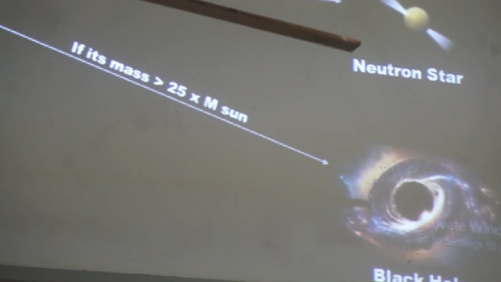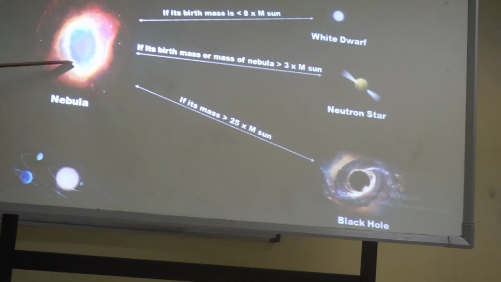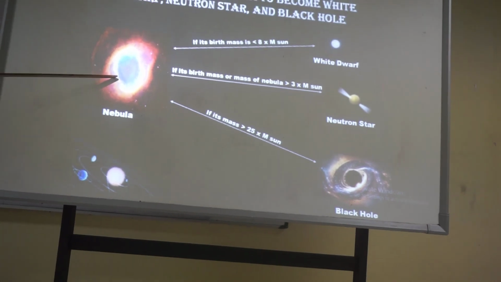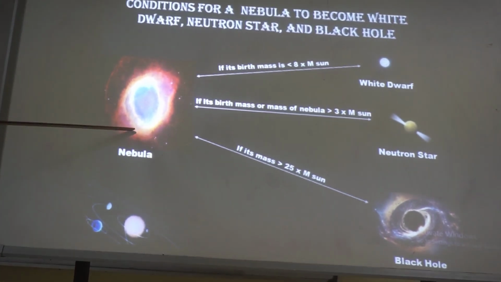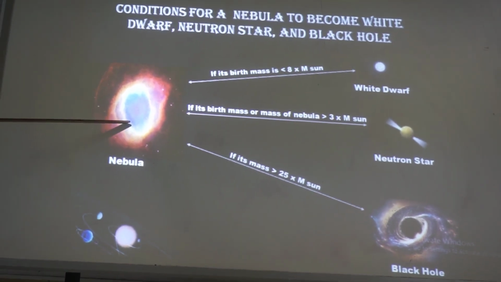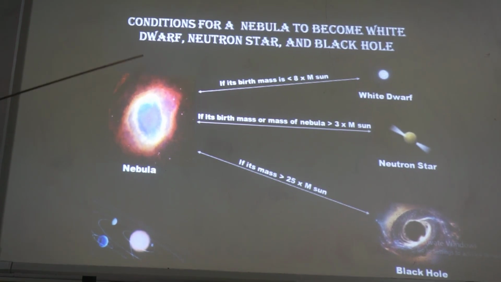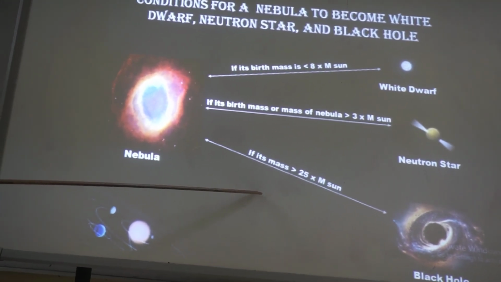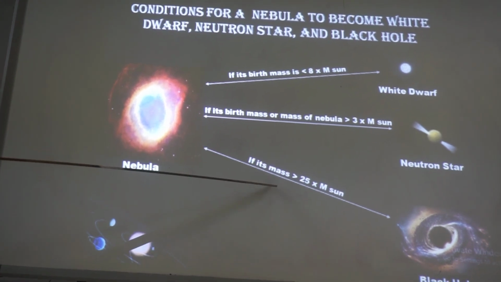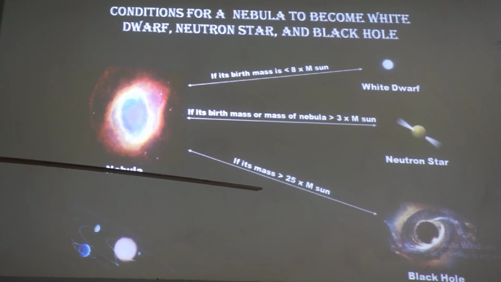So the present black holes in our galaxy originated in the beginning from a very big nebula, and the mass of that very first star at that time was 25 times the mass of our sun. So this is the condition for how a star changes into a black hole.